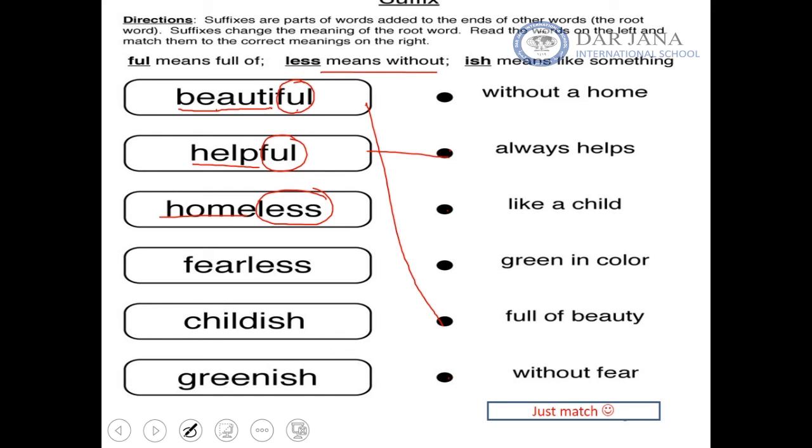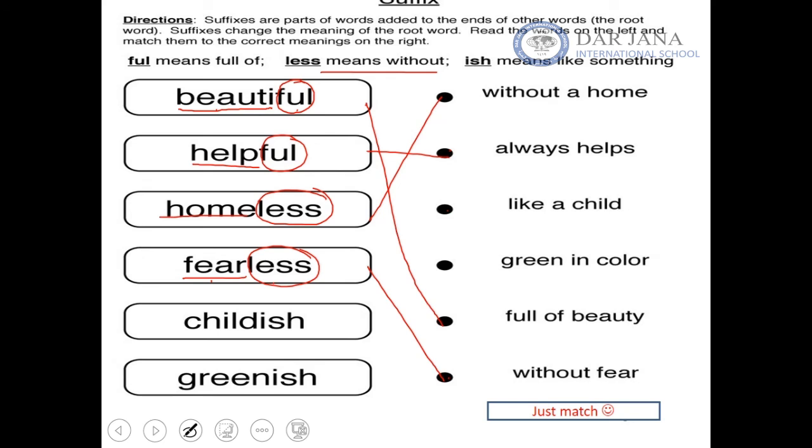Without a home. Where's without a home? Right up the top. Now here we have fearless. Less means without, so without fear. Where do we have without fear? Right down the bottom. Good work, everyone.